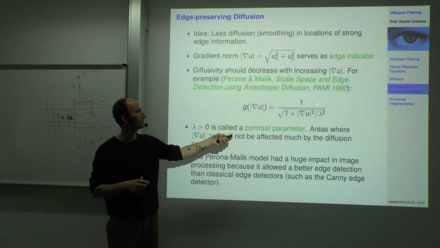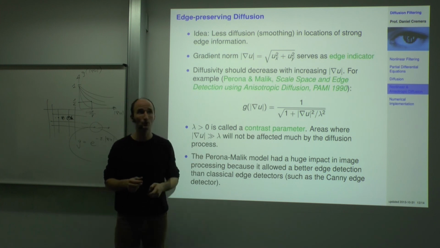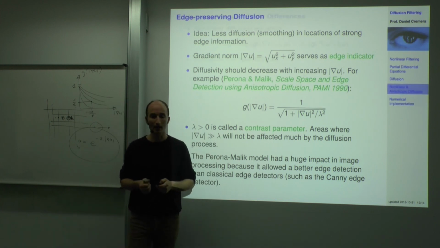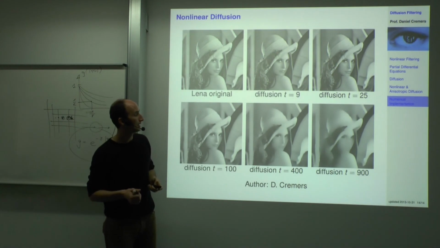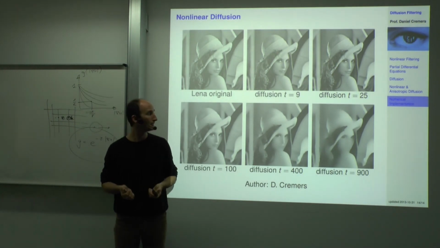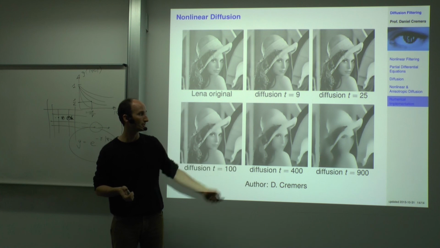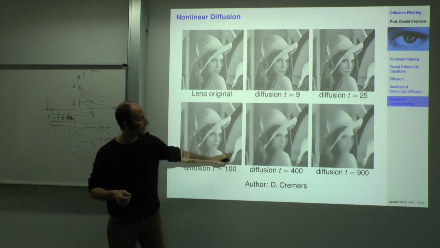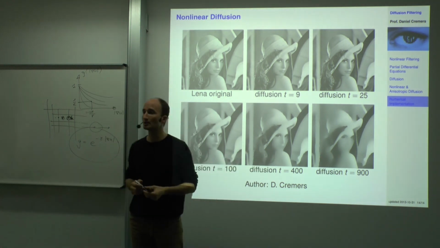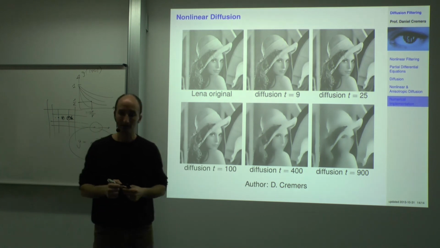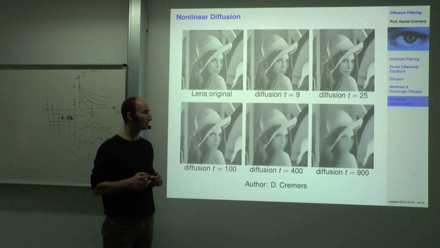Yeah, so these are different diffusion processes. This gives you a little bit of an idea of what you can do with nonlinear diffusion and how you can do denoising in an edge-preserving way. I am not sure how many times the Perona Malik approach was cited, but definitely thousands of citations.